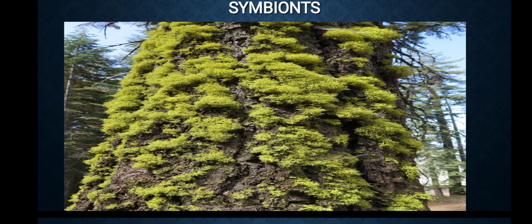The fungus absorbs water and supplies it to the algae. In turn, algae synthesize food and supply it to the fungus. Lichens are very common on hills. Such a mutually beneficial relationship is known as symbiosis.